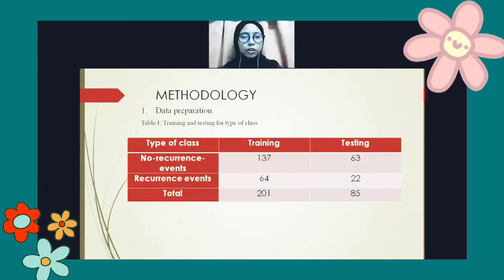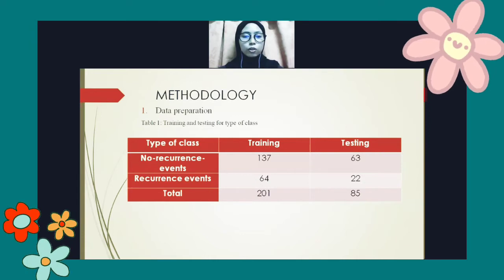This is the methodology. The methodology shows the data preparation, table 1, training and testing for the types of classes. First of all, the training and testing has 70% for the train and 30% for the test.